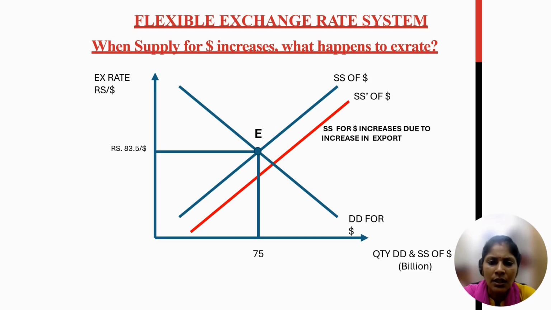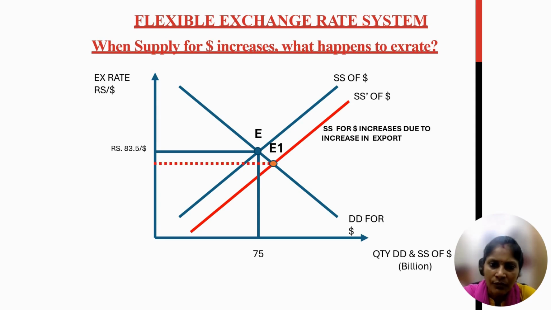So here, as the supply increases, keeping the demand for dollar constant, what will be the new equilibrium position from E? E is the existing one, and the new equilibrium position will shift to the intersection point of the demand for dollar and the SS dash of dollar, that is the E1.